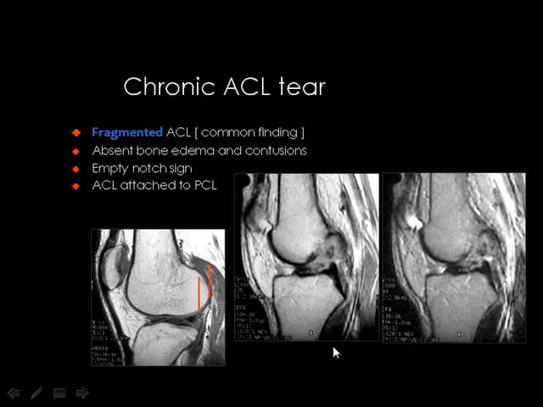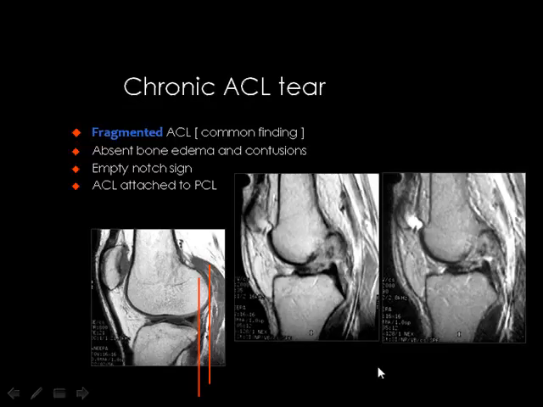Then, if you look at the ACL and you see fragments, a fragmented ACL is diagnostic of chronic tear. And here you see multiple parts of the ligament, fragments of the ligament, indicative of chronic tear.